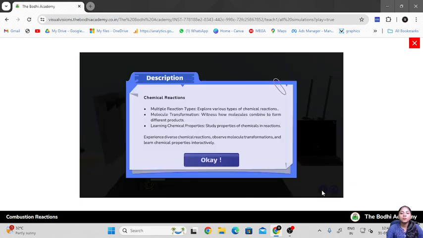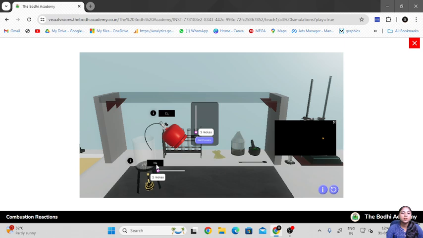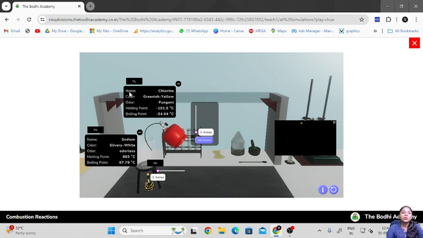Then another example is, we can take this example. So here we have sodium. Na is sodium. Its color is silvery white. It is odorless. Its melting point is 880 degrees Celsius and boiling point is 97.79 degrees Celsius. Then we have chlorine. It is written as Cl2.